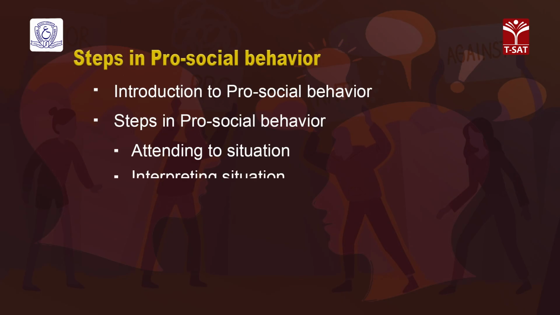Second is interpreting that particular situation. Whenever we pay attention to an event, we only have limited information about what is happening, and many times when something catches our attention, it does not turn out to be an emergency and need not be a matter of concern. Whenever potential helpers are not completely sure about what is going on, they usually hold back and wait for further information.